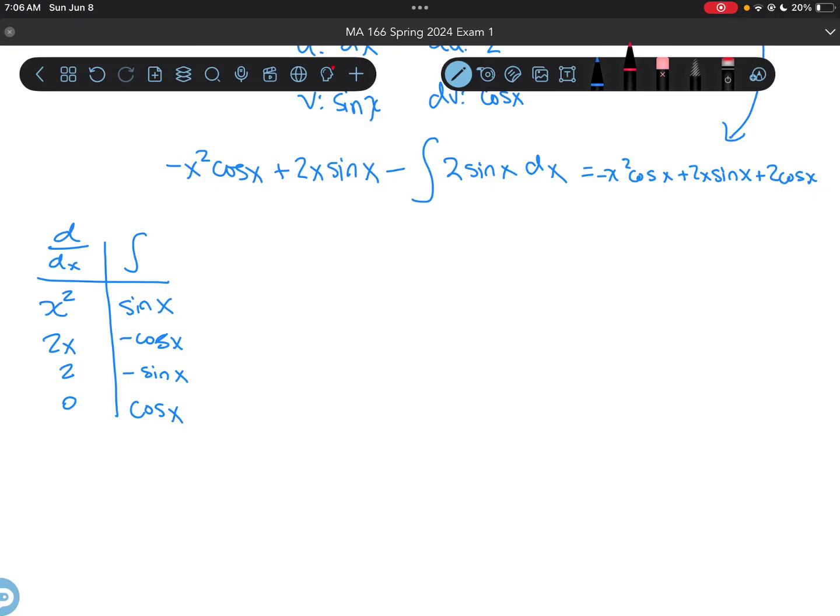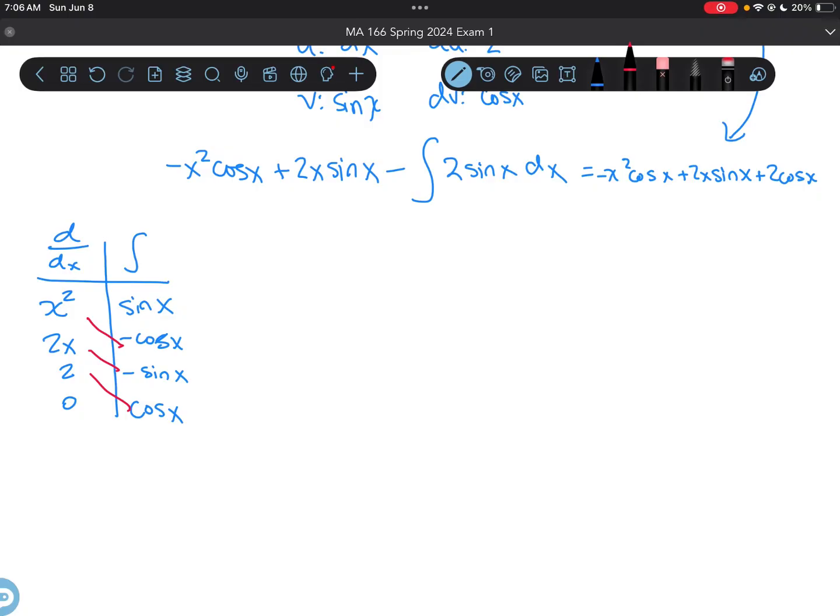Now I'm going to multiply on these diagonals going from top to bottom. So from up to down, x squared times negative cosine x, 2x times negative sine x, and 2 times cosine x.